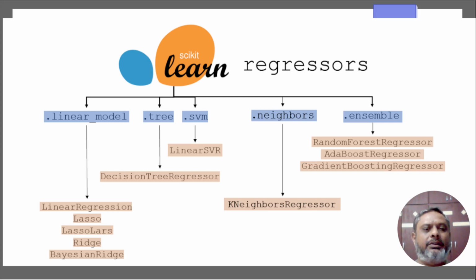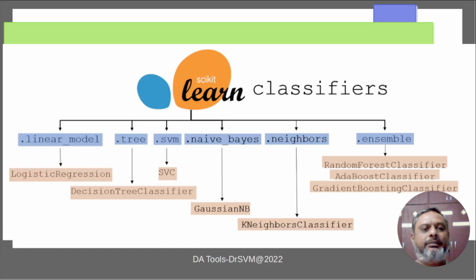We can use a tree type of regression where decision tree regressor is used. Support vector machines can be used for regression, so that's a linear support vector regressor. Looking at the properties of the neighborhood, we have a neighbors regressor. Then we can go for ensembling: random forest regressor, boost regressor, gradient boosting regressor are some of them under ensembling models.